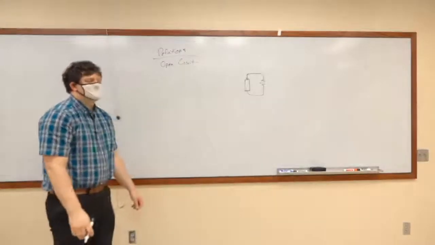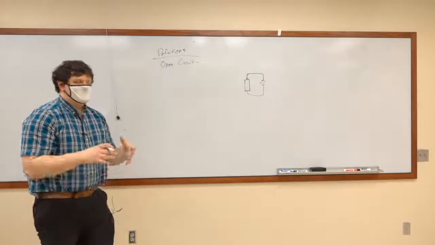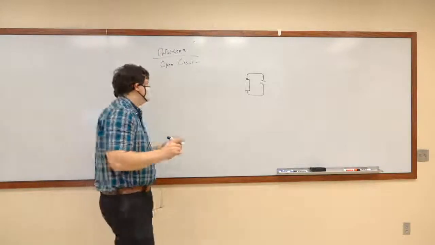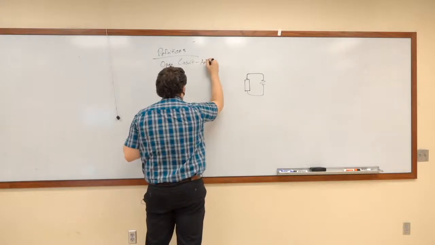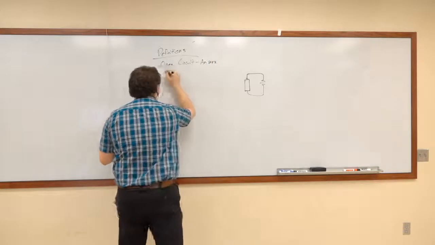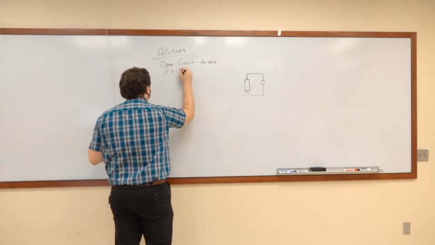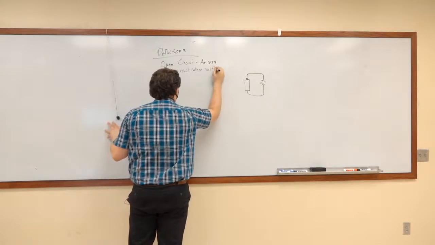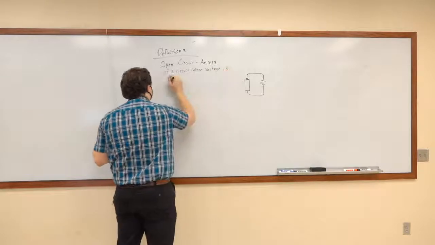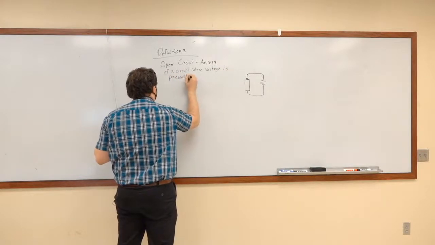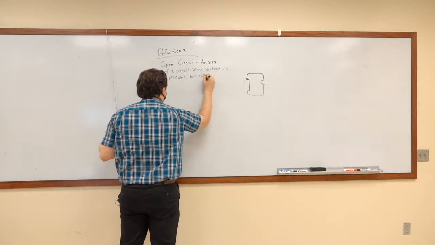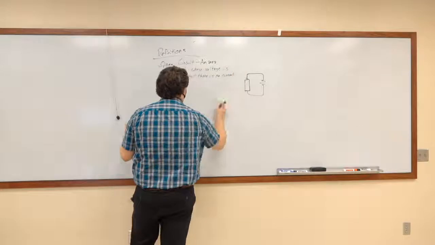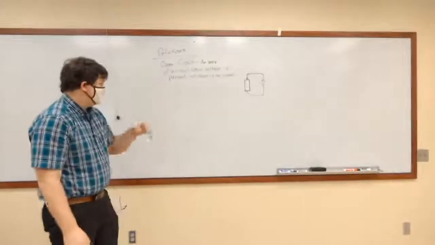The idea behind an open circuit is that it is an area of a circuit where a voltage is present, but there is no current. Okay, well, what does that mean?